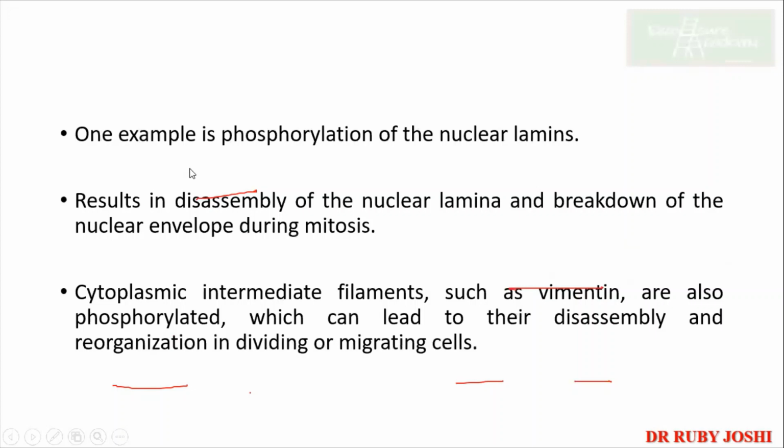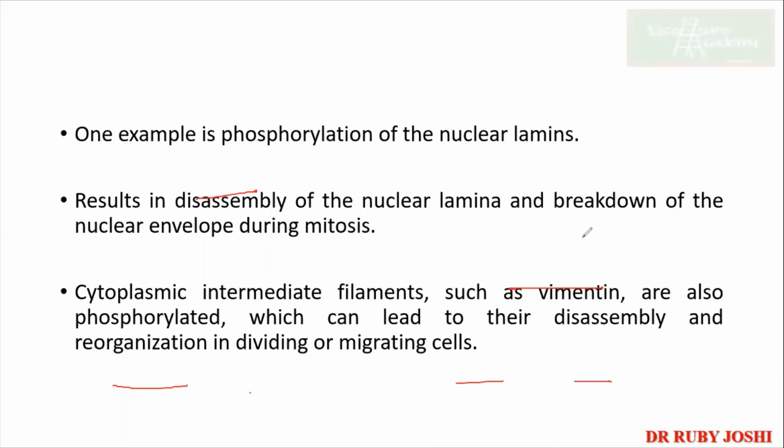So one example is phosphorylation of the nuclear lamins. Let's take this example of nuclear lamins. It results in disassembly of the nuclear lamina and breakdown of the nuclear envelope during mitosis. So in short, when the nuclear envelope disappears, as I said before also in one of the lectures, it doesn't mean that some magic is happening.